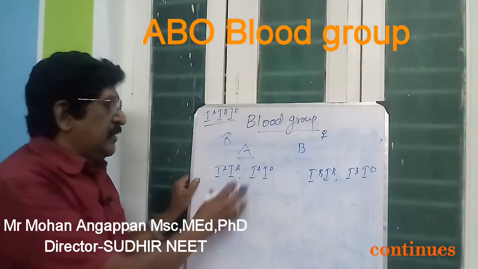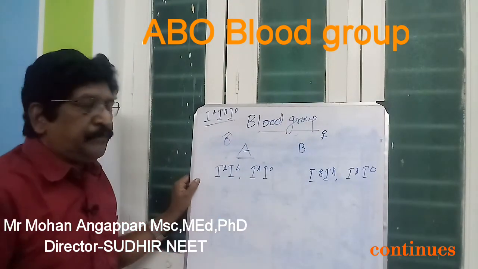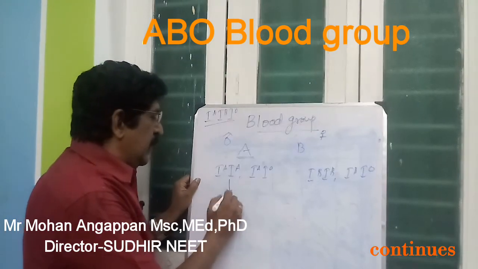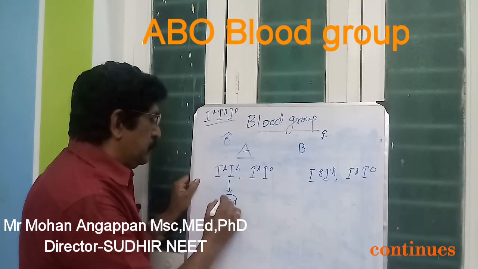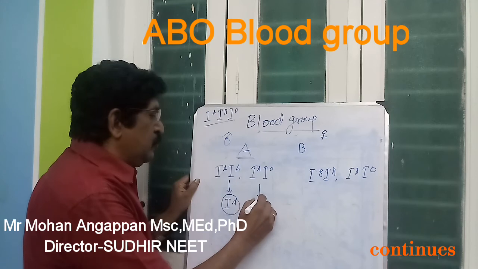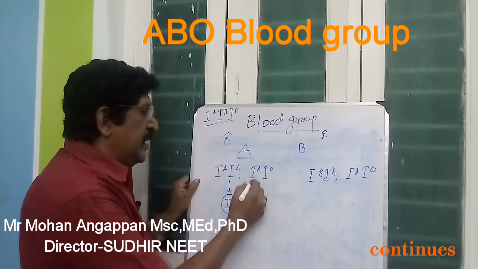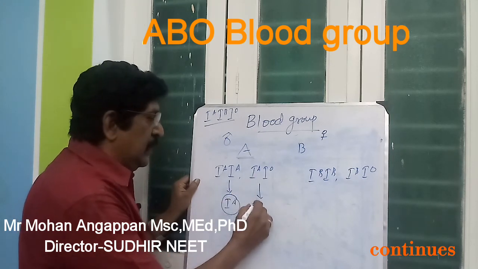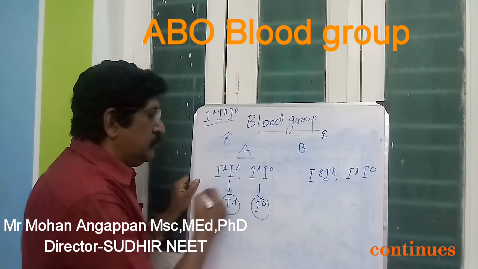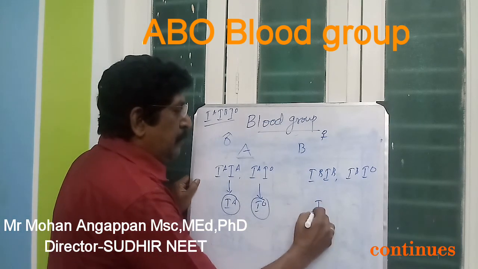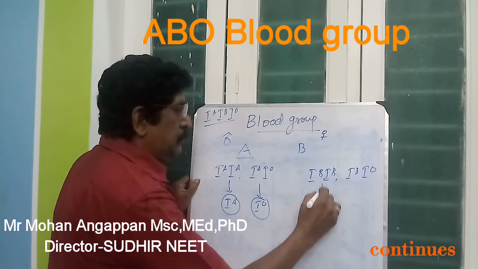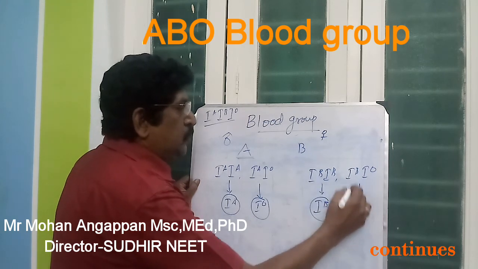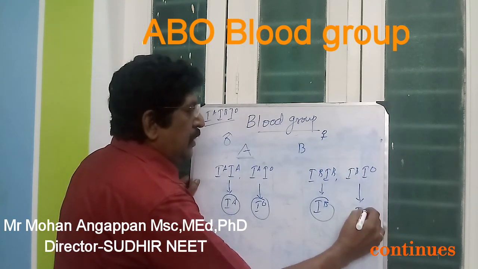Right? Now what are the gametes formed here? This will produce the gamete IA. This will produce two gametes IA and I0. IA already given. So let us take up I0. Here also the gamete IB. Here also IB and I0. Let us take I0.